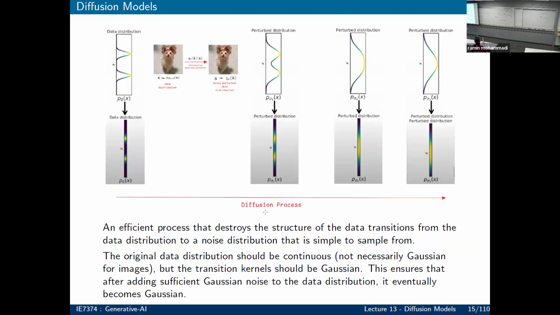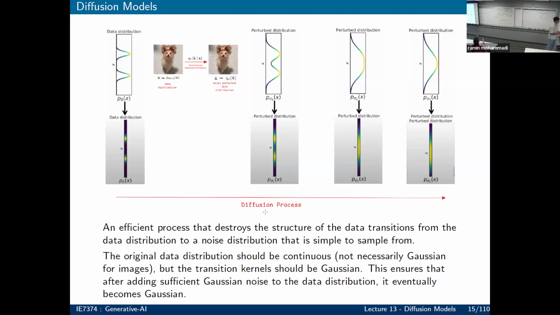So one thing about diffusion is that the original data should be continuous, but it doesn't need to be Gaussian. It could be any continuous distribution.